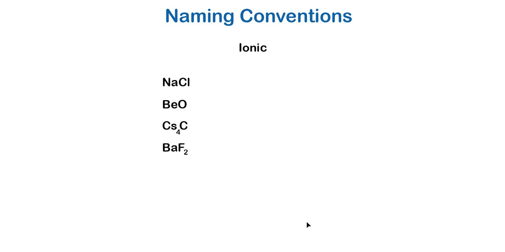Okay, so our naming conventions, it says at the top of page 67, start with the name of the first atom of the molecule. Well, this one is sodium. So we're going to start with sodium.